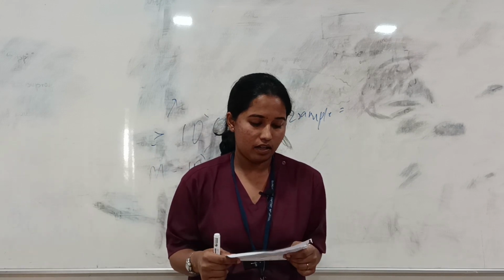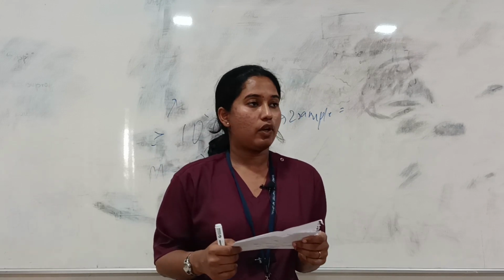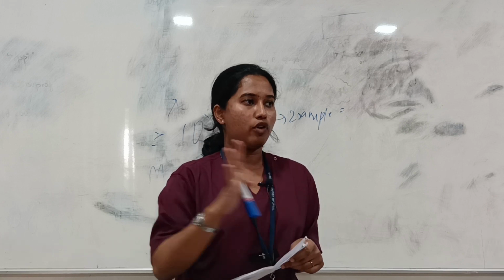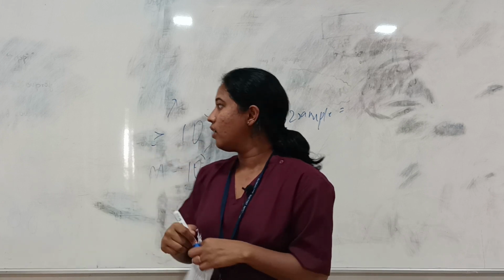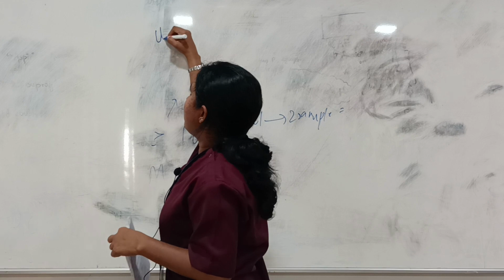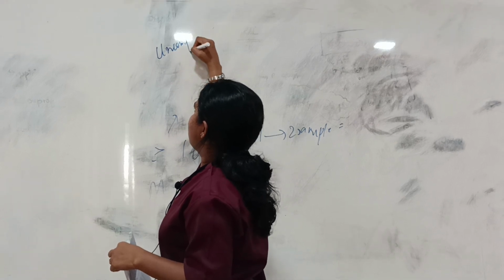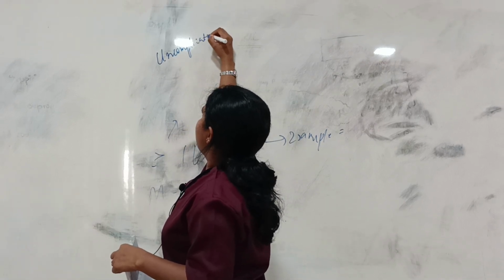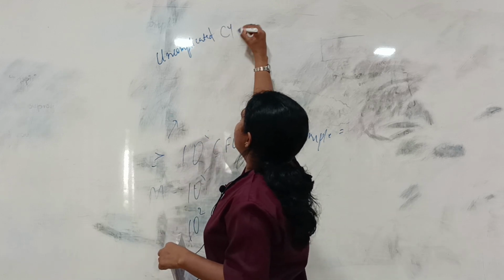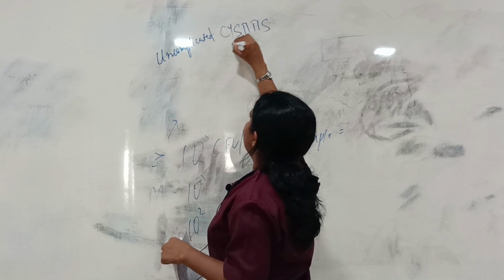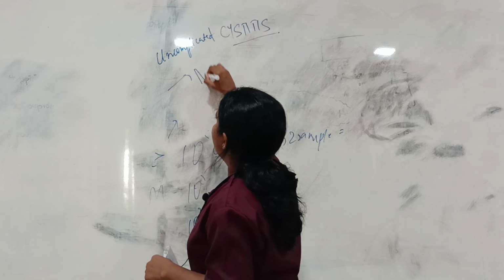The first line treatment is nitrofurantoin 100 mg per oral BD for about 5 days, for uncomplicated cystitis.